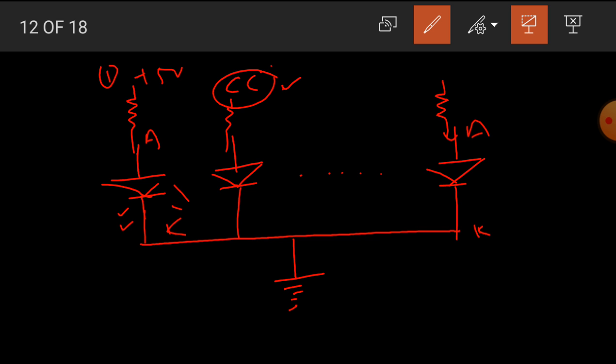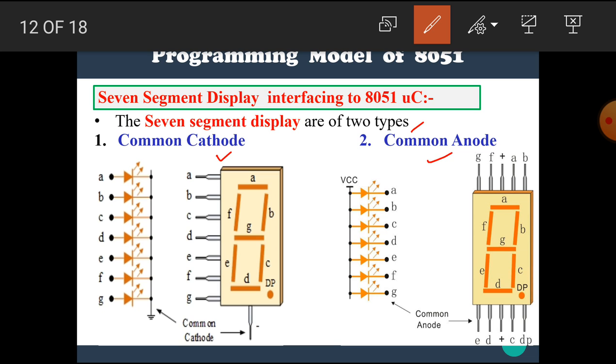Let's see once again. If we want to turn on this LED, then we have to provide it plus 5 volt, because ground is already provided. To turn it on, we have to connect it to 5 volt through a resistor, or we have to provide it 1. Now let's see the diagram once again. Common cathode means the cathodes of all the LEDs are connected together and grounded.